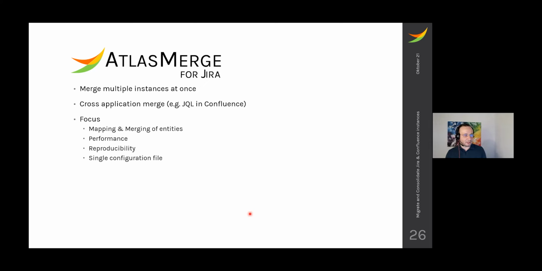So this was a very important feature for us. And we have a single configuration file, which you can put in your source code manager like Git, source control system, and know exactly what changed from the last test run to this one, and be sure that you get working results.